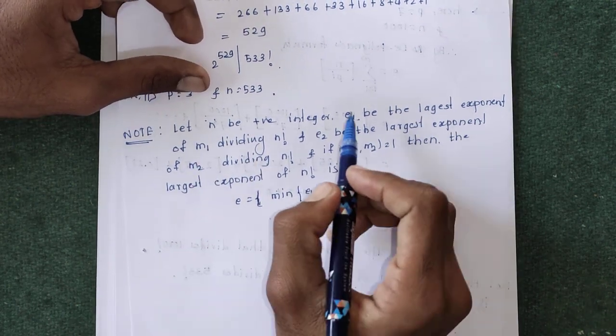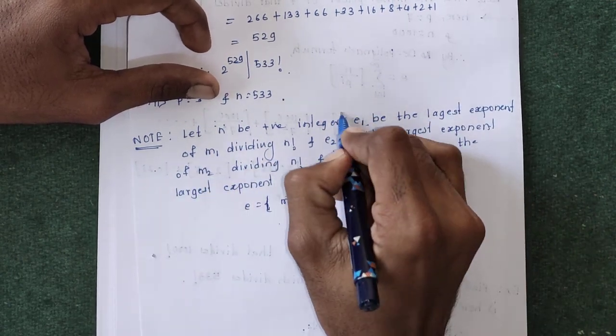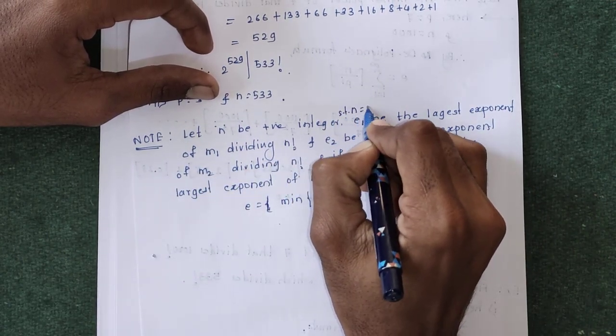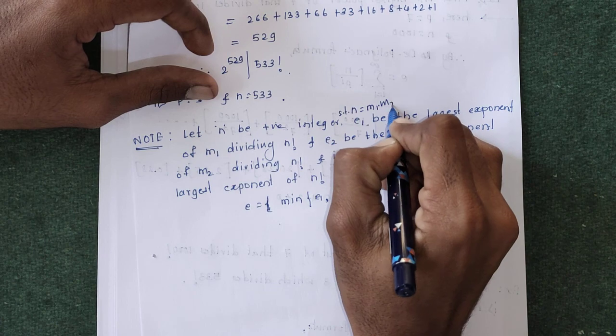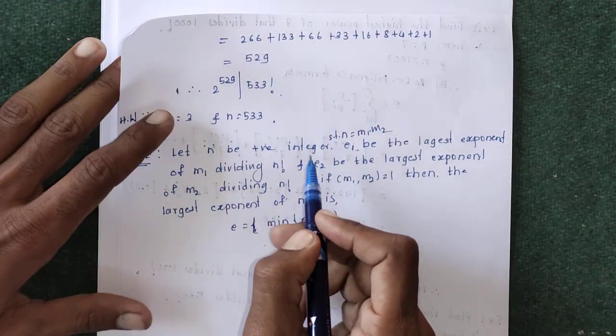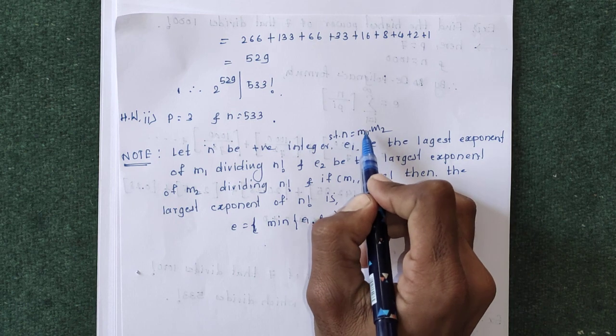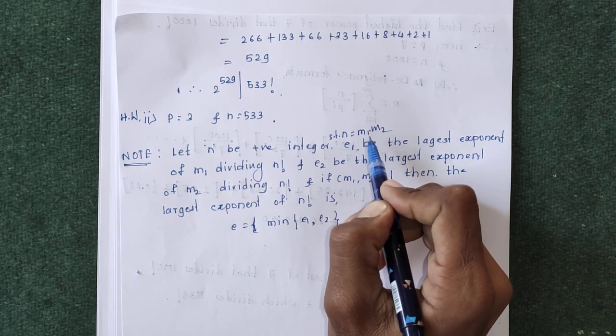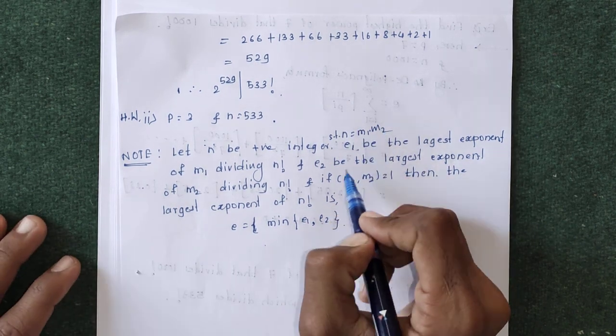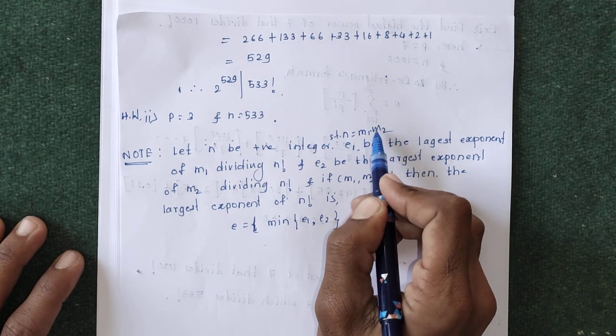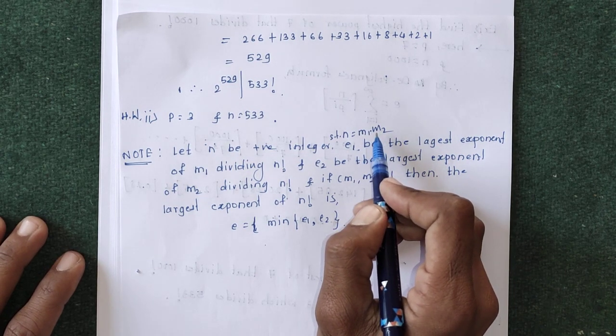Let n be a positive integer such that n can be written in the form m1 into m2, and e1 is the largest exponent of m1 which divides n factorial, and suppose e2 is the largest exponent of m2 which divides n factorial.